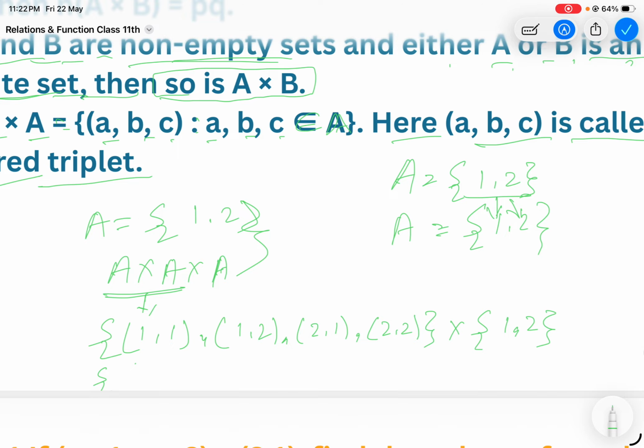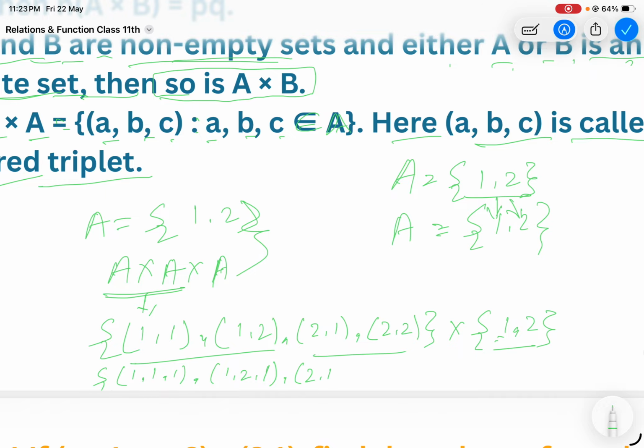We have to add 1 to all, then 2 to all. So we have 4 ordered pairs, and we take them with this 1, then we will get all the ordered triplets. First of all (1, 1, 1), right? Now (1, 2, 1).